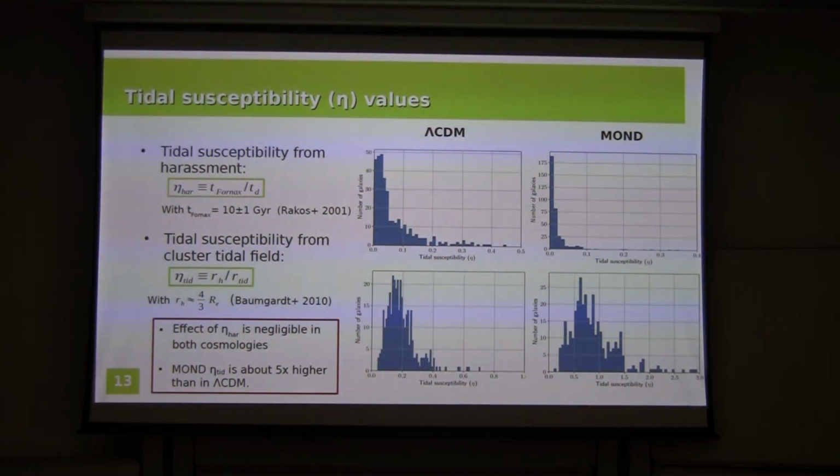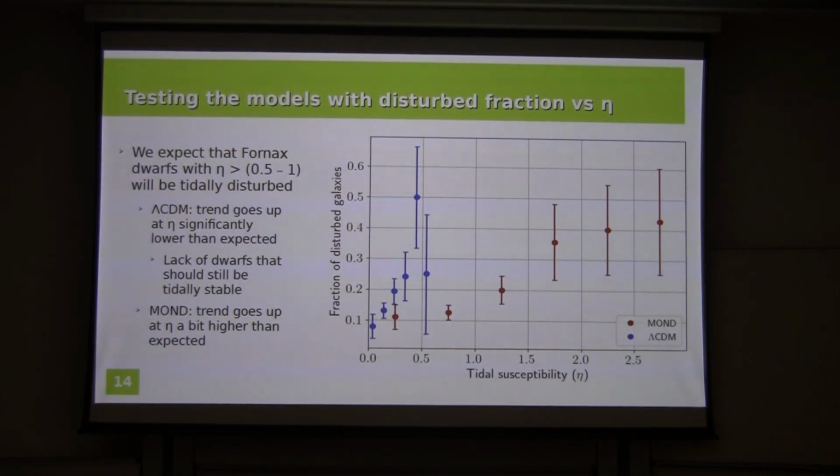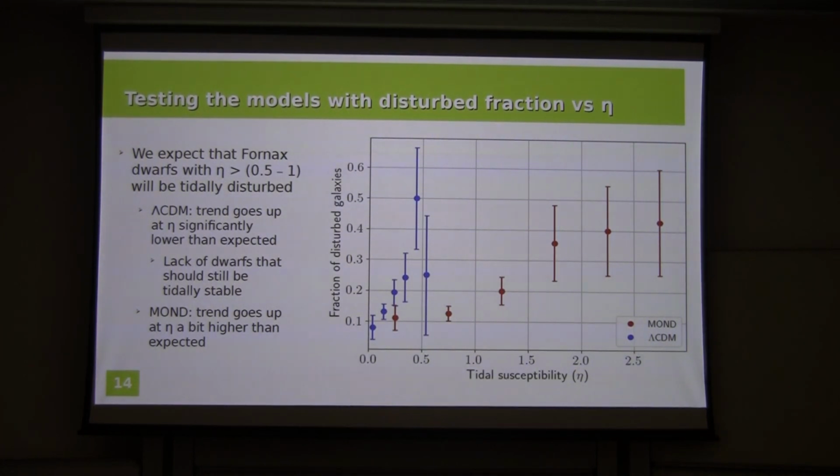Now, the next thing that we do is we compare these tidal susceptibility values due to cluster tides with whether these dwarfs were classified as visually disturbed or not in the catalog.